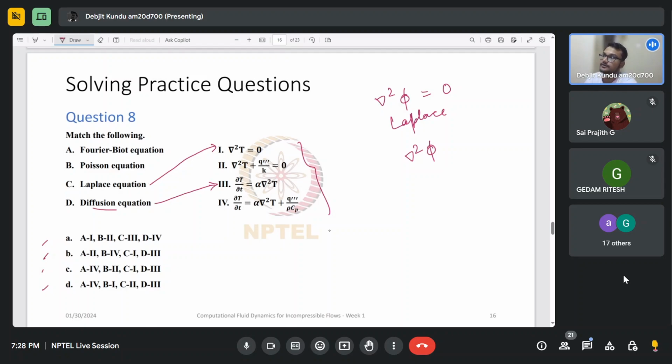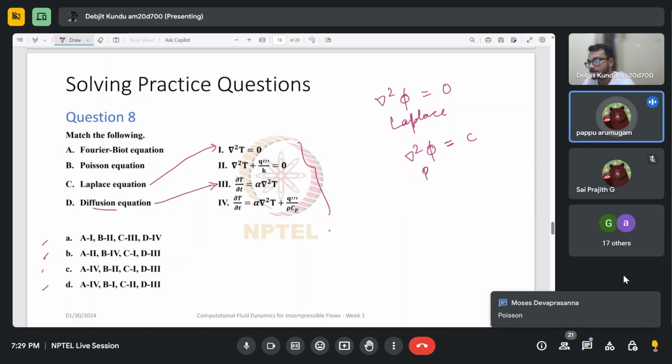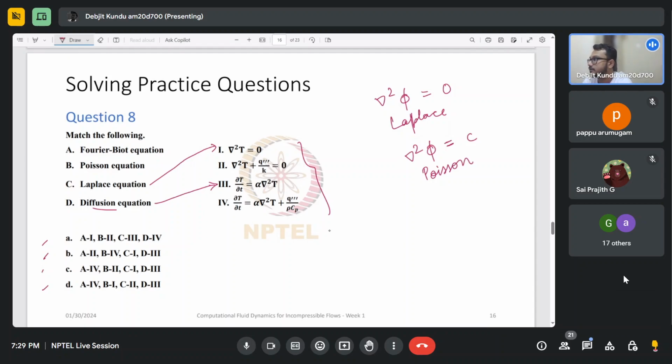And if the double gradient of this is equal to some constant c, then what is this known as? Poisson equation. Correct. So this one, option 2, would be the Poisson equation. So that leaves us with option A being 4, the Fourier Biot equation.